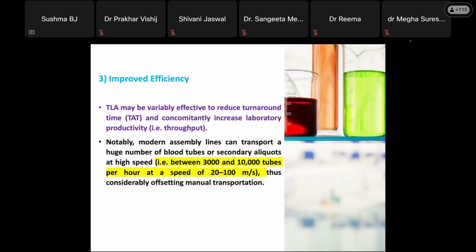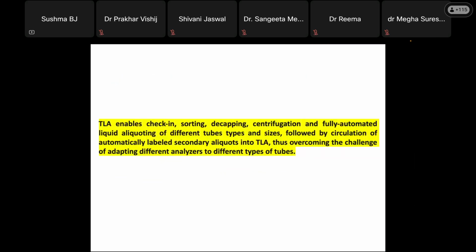Notably, the assembly lines can transport a huge number of blood tubes or secondary liquids at a high speed, between 3,000 to 10,000 tubes per hour at a speed of 20 to 100 meters per second, thus considerably offsetting the manual transportation. This manual transportation time delay can be overcome using pneumatic blood transportation systems, which will be connected from the hospital to the central laboratory.